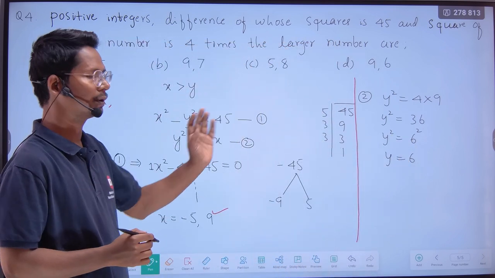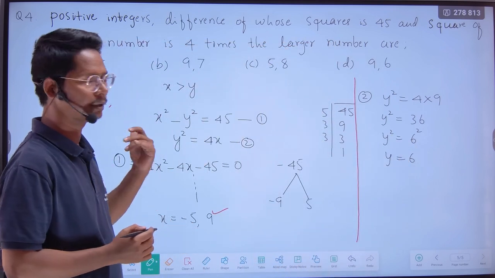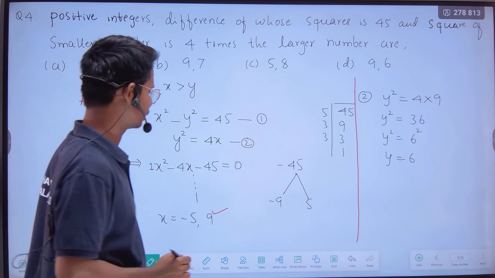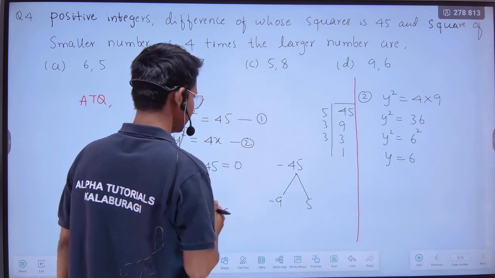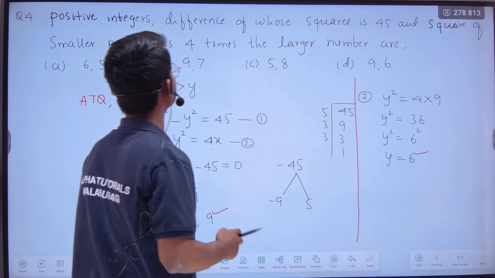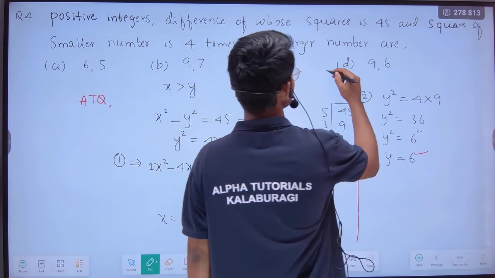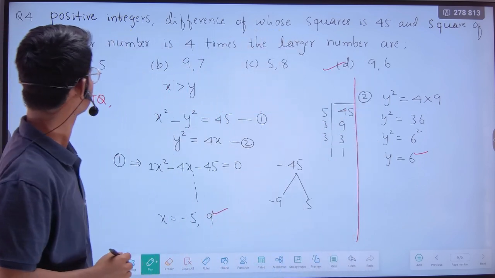If you take the root, you will get plus or minus, but neglect the negative integer because they told positive, so again you will get 6. Therefore x equal to 9 and y equal to 6. So this is your answer, 9 and 6.